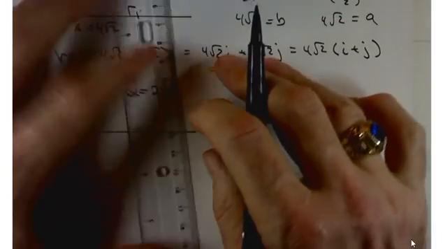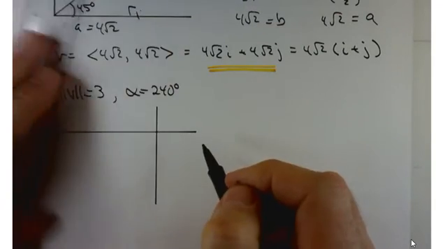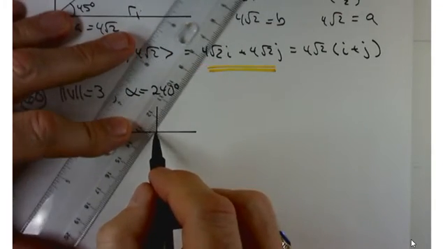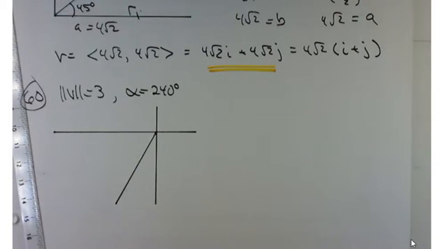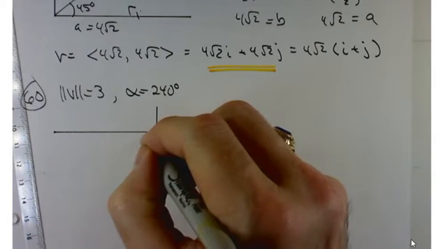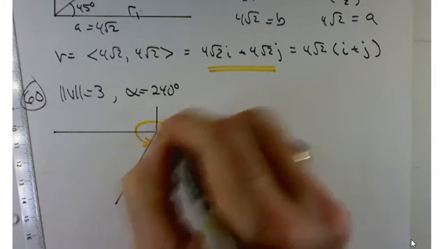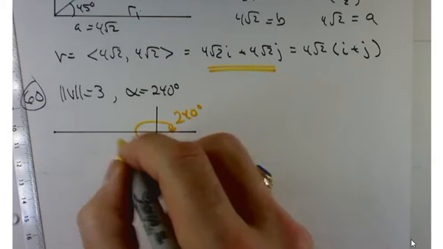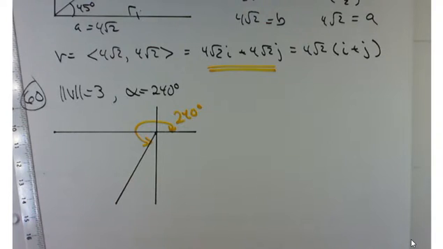Good deal. So we've got an angle of 240 degrees, which means there's a 60-degree angle in the third quadrant.